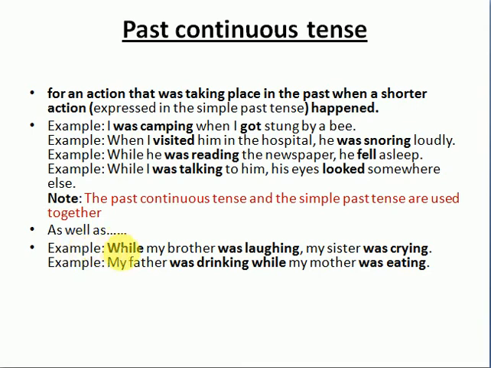As well as we could also use two past continuous tenses to indicate two actions which were ongoing at the time of speaking. Like you would say, while my brother was laughing, my sister was crying, and my father was drinking while my mother was eating.